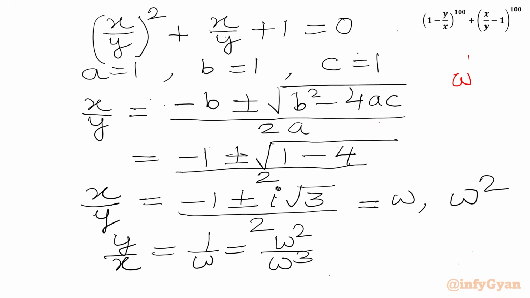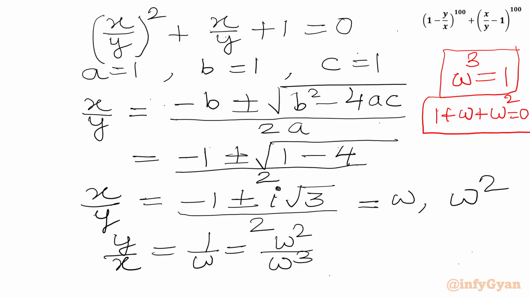The first one is omega cube equal to 1, and the second one is 1 plus omega plus omega square equal to 0. So we will use these properties. So here I can write omega square by 1, so we will write omega square.